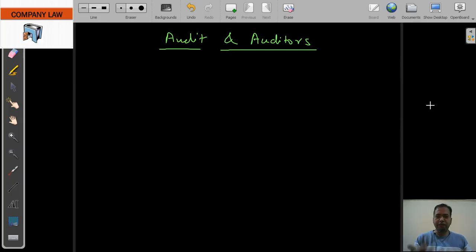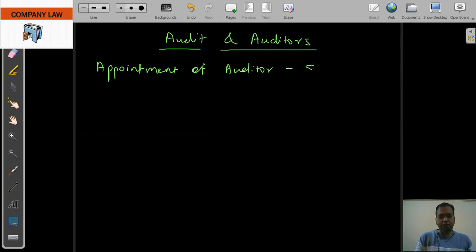Now let's begin with the topic: the provisions relating to the appointment of auditor. The first provision is given under Section 139, appointment of auditor.